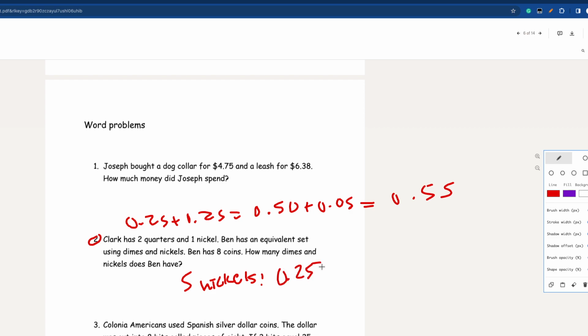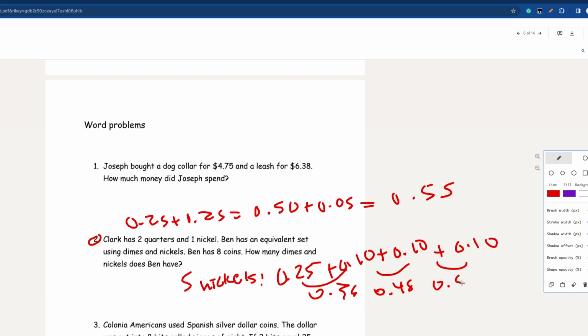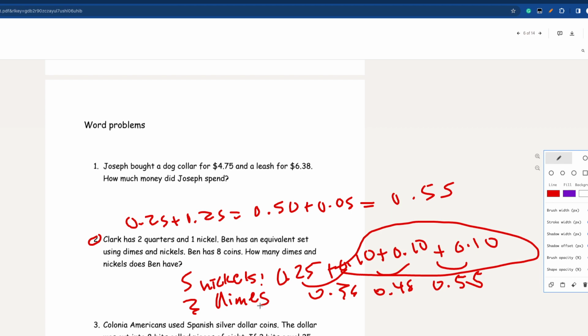And then if we add 0.10 plus 0.10, this equals 0.35. Then this equals 0.45. Then this equals 0.55, which is the number that we're looking for. And there are 3 dimes. So 5 nickels and 3 dimes, that equals 8 coins in total. So yeah, that's the final answer.